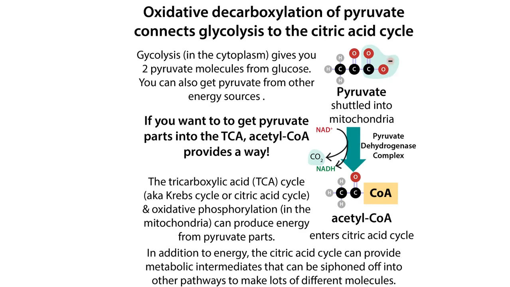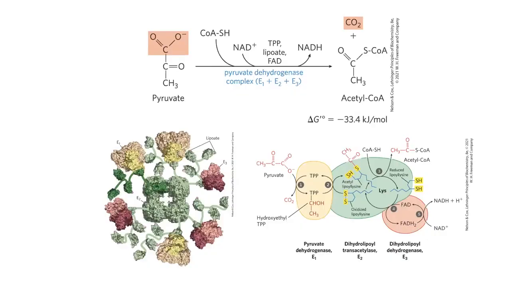These big complex enzymes we'll get into a little bit, but basically they're going to use the cofactors TPP, lipoate, FAD. They're going to take NAD plus because remember, we're doing oxidative decarboxylation. So not only are we decarboxylating this, but we're also going to be oxidizing this carbon.